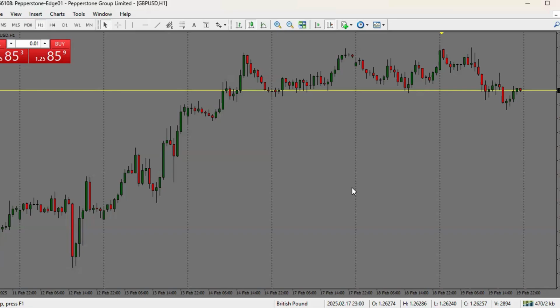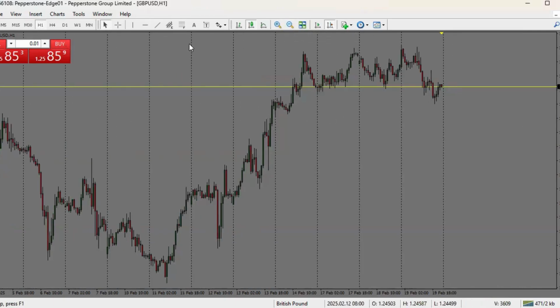For instance, at a key reversal zone, you expect to find certain candlestick formations: an evening star, a shooting star, a dark cloud pattern, a bearish engulfing. All these are reversal candlestick formations at the high or peak formation high.